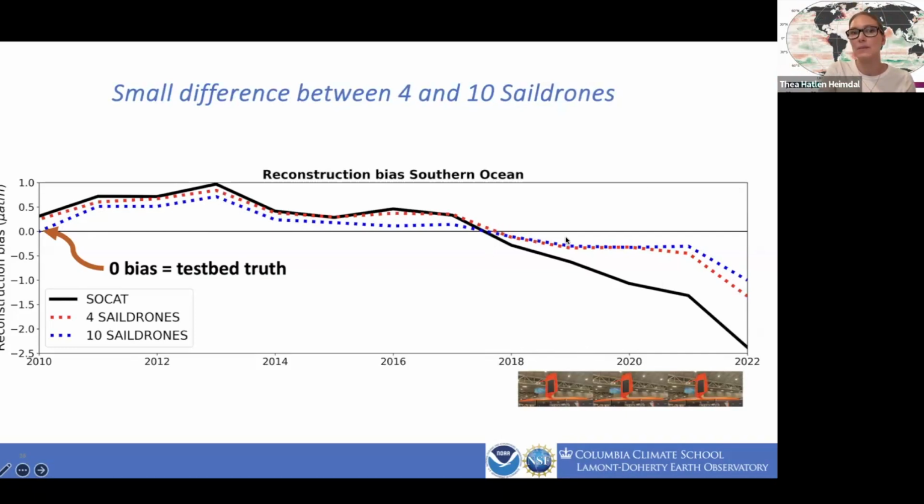Then we see an improvement in the reconstruction with adding the sail drones, so we're closer to this zero bias than if we're using SOCAT observations only. But another important thing we're learning here is that whether you send out 4 or 10 sail drones, looking at the red versus blue line, it doesn't seem to matter that much. And sail drones are very expensive. So by using the testbed, we could learn it's not necessary to send out as many as 10 sail drones, because the improvement you get is not worth it in terms of the cost.